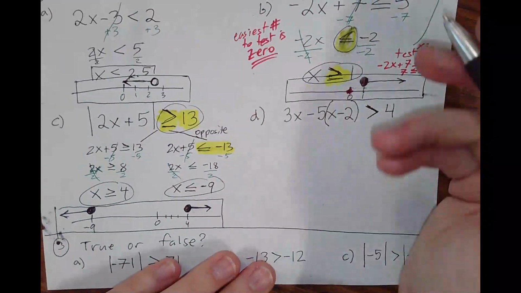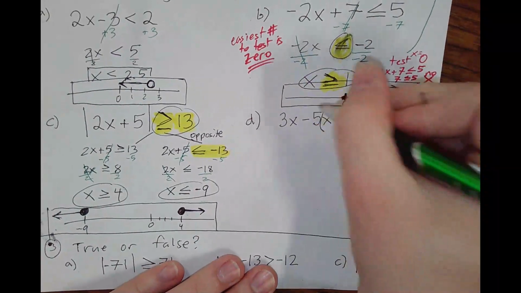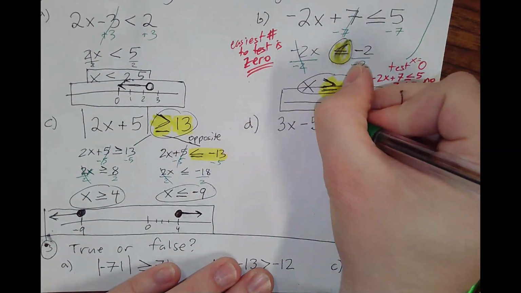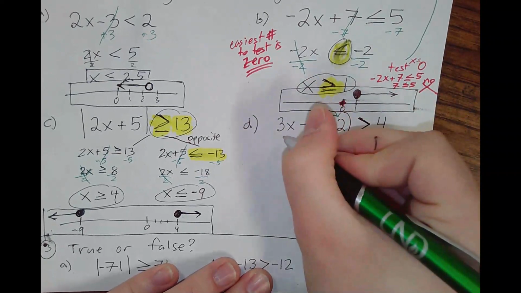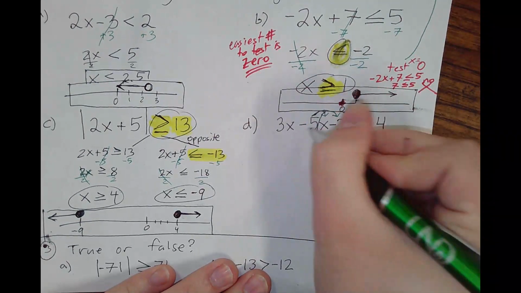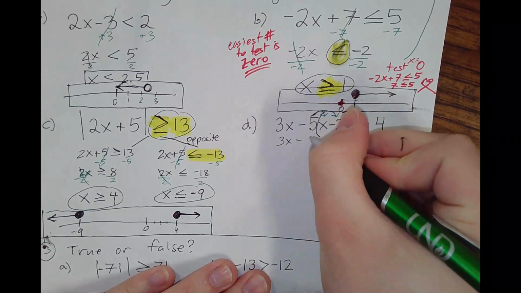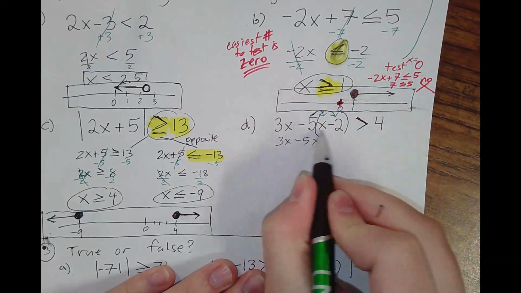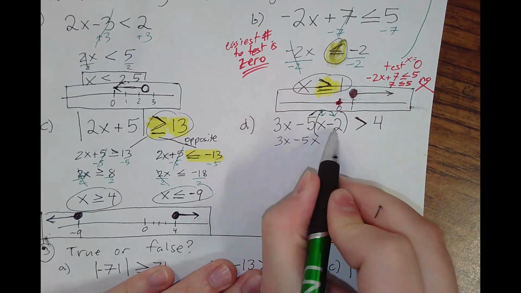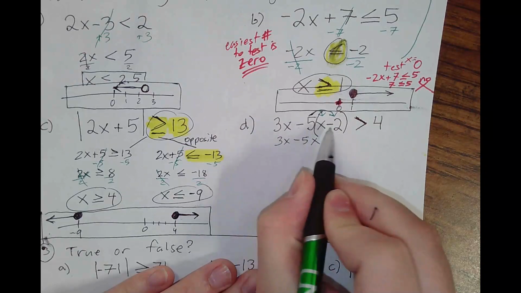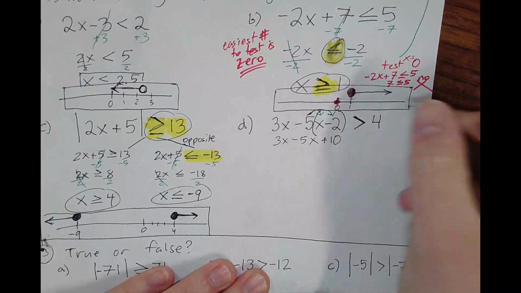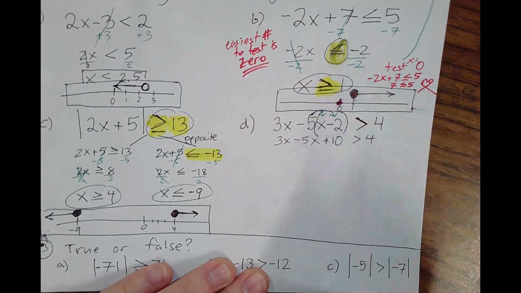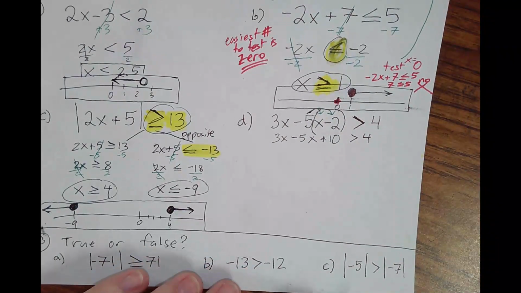Okay, letter D. Letter D, we're going to solve this by distribution and algebra. After distributing the negative 5, we get 3x minus 5x. What's negative 5 times negative 2? Right, negative 5 times negative 2 is positive 10, giving us this new inequality.